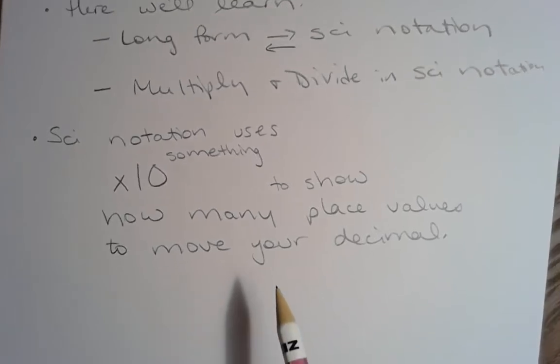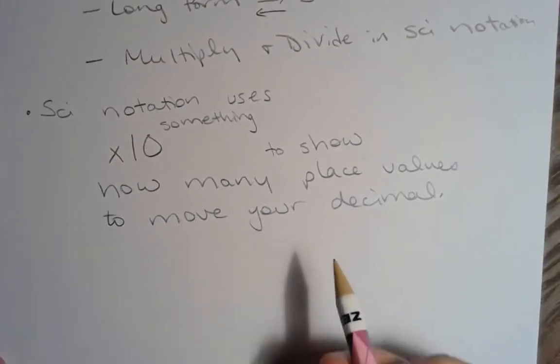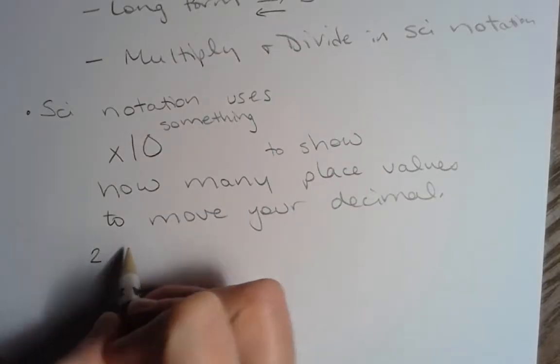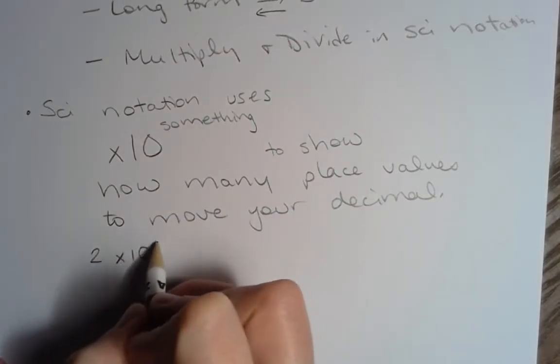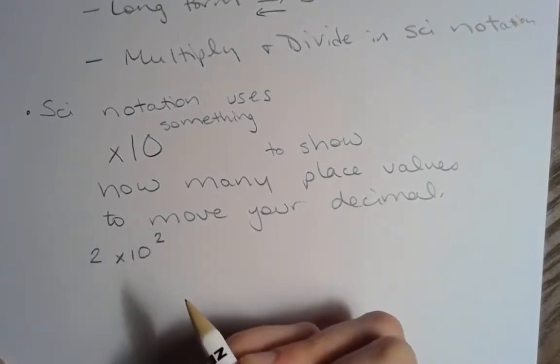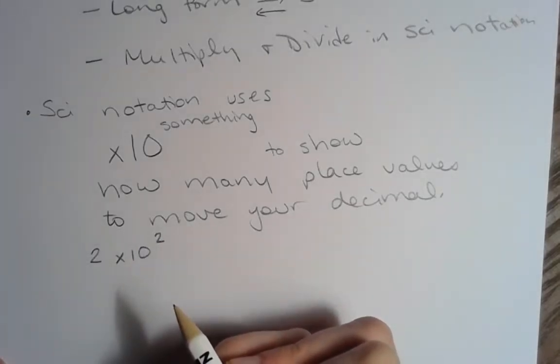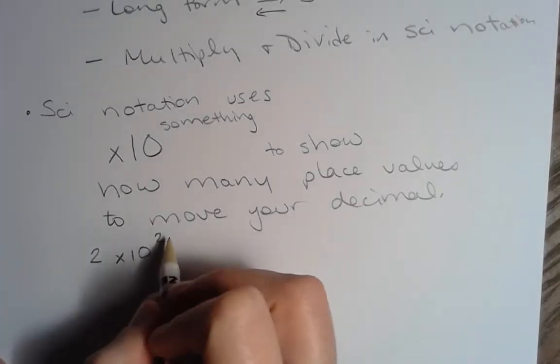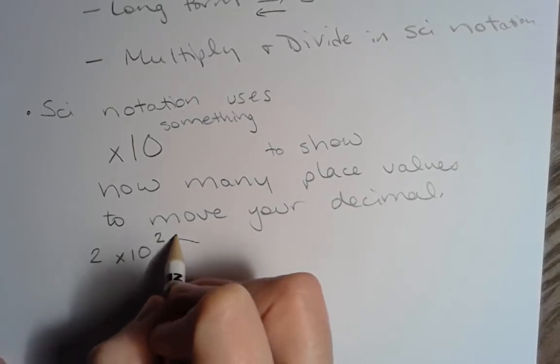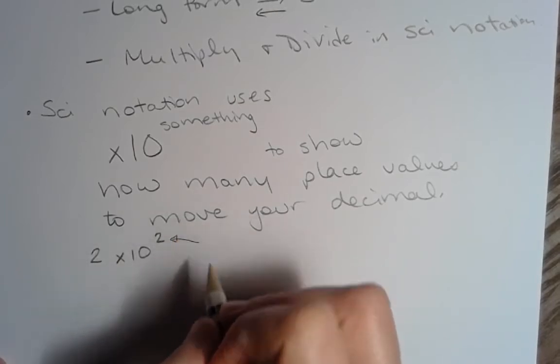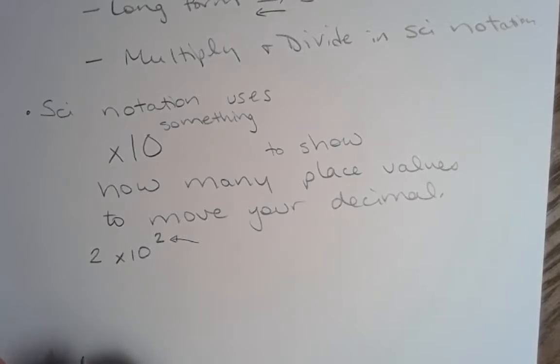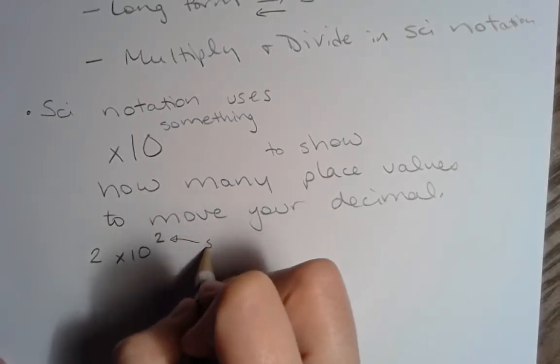So if we've got, let's just give a few examples. Let's say we've got 2 times 10 to the 2. This 2 here shows that we will move our decimal 2 place values.